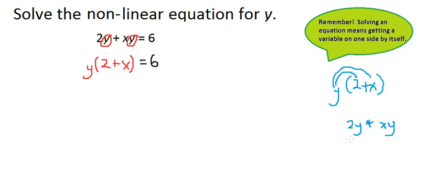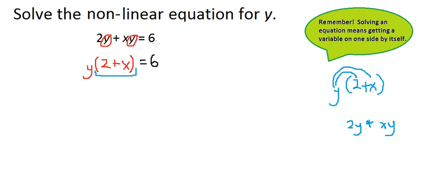Now let's look here. Again, we just need to get y by itself. So we have to figure out what is on the same side as y. In this example, it's this whole thing inside parentheses. Remember, when you have something outside of parentheses, that means multiplication.